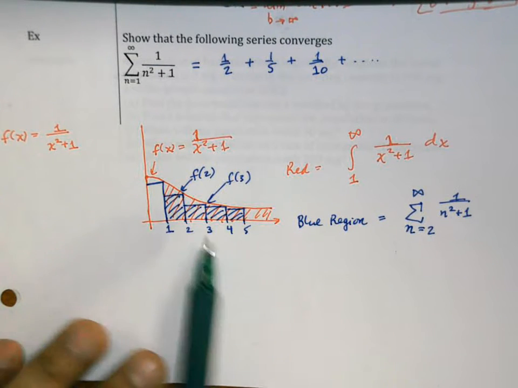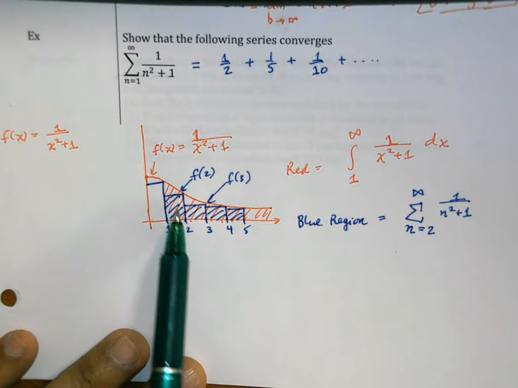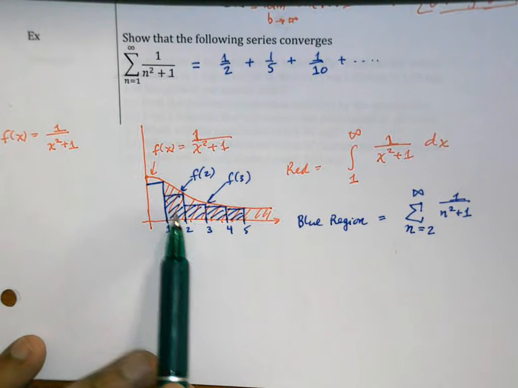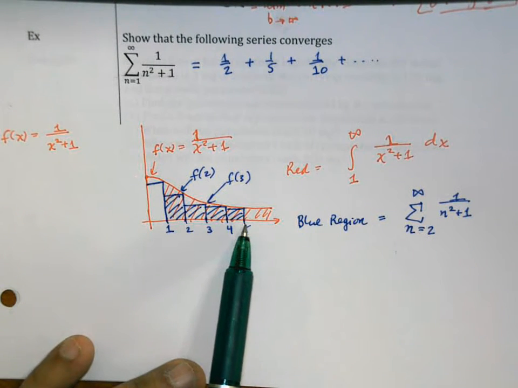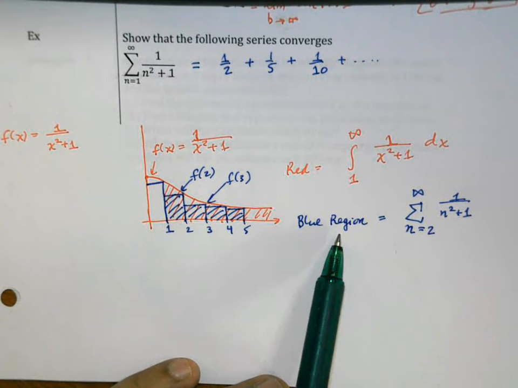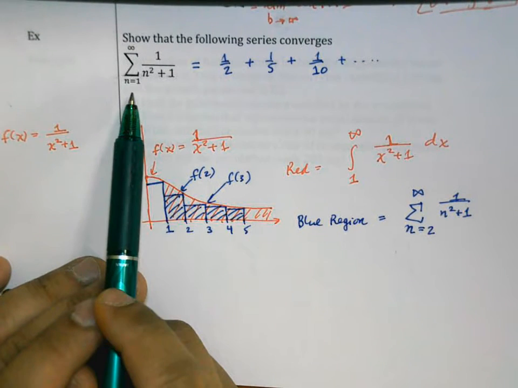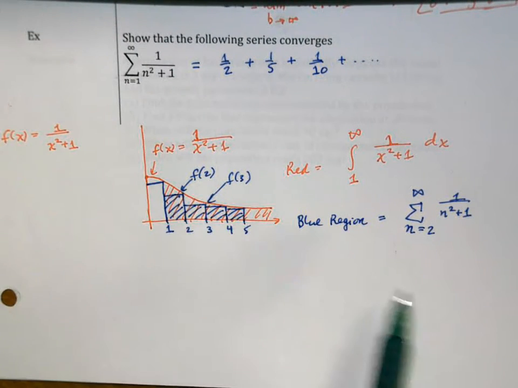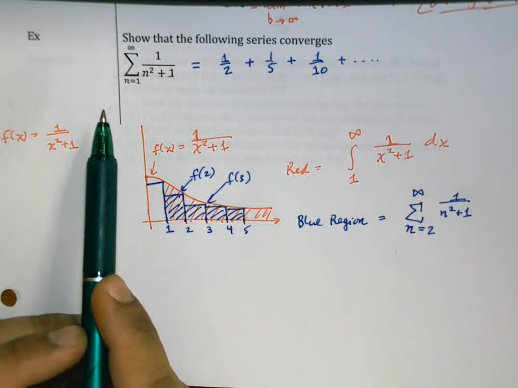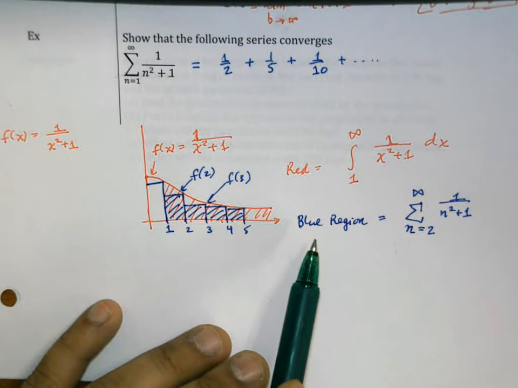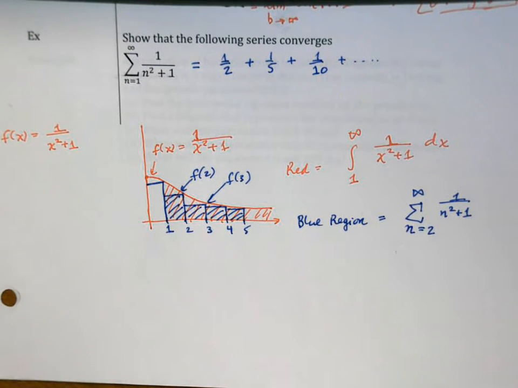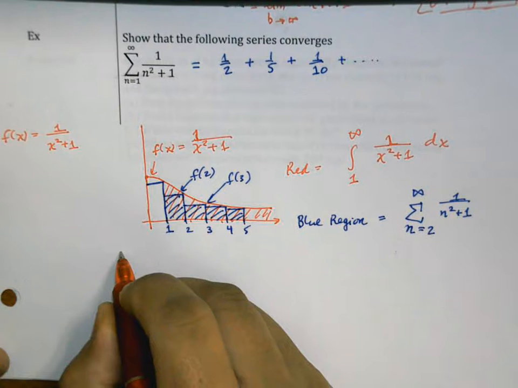Okay. So now it is clear from this picture, at least, that the blue region is less than the red region. And again, the blue region is not the same thing as the series that we're working with. It's almost the same thing. It's the exact same series with one missing term. Okay? But we're going to show that the blue region is clearly smaller than the red region.